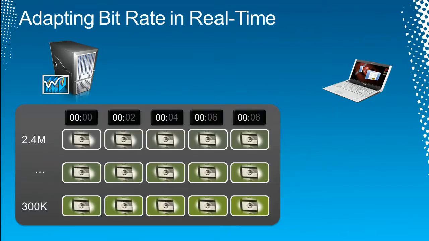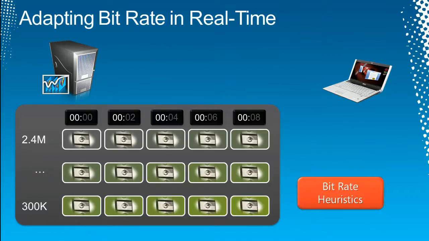Each of those packets at the different bit rates is what's called picture aligned or GOP aligned, and GOP is just group of pictures. So each of those 2-second chunks is perfectly aligned with the 2 seconds below it. What that means is we can switch between the bit rates dynamically as we go along, but the video plays back continuously.